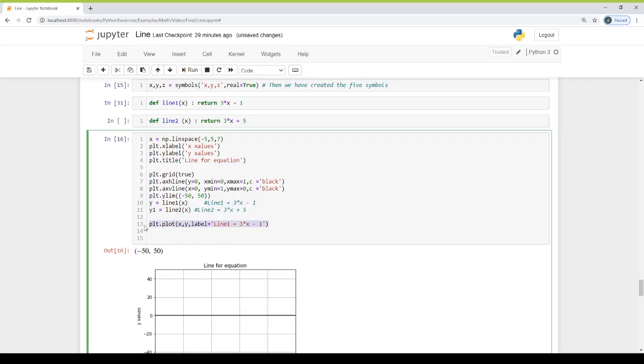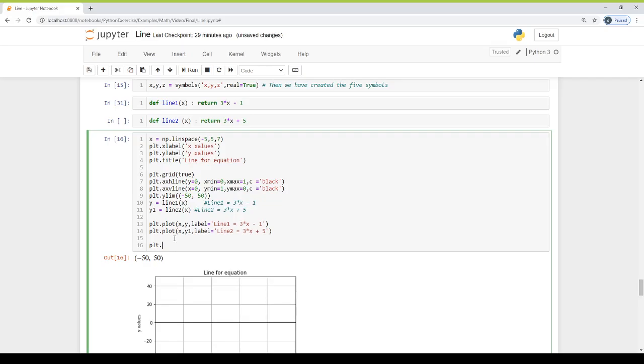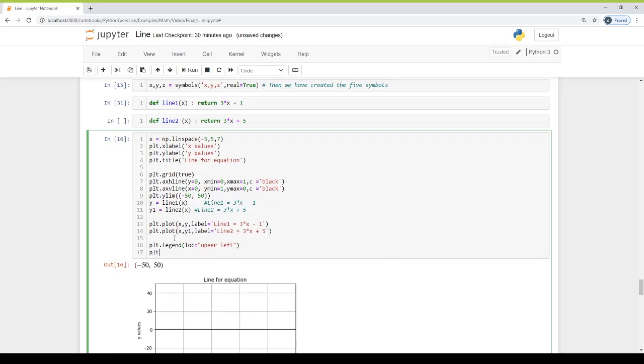Okay, now draw the second line. For that we have x and y1 and our label is line 2. And plt.legend, and the location is upper left corner, the equation is upper left, and plt.show.